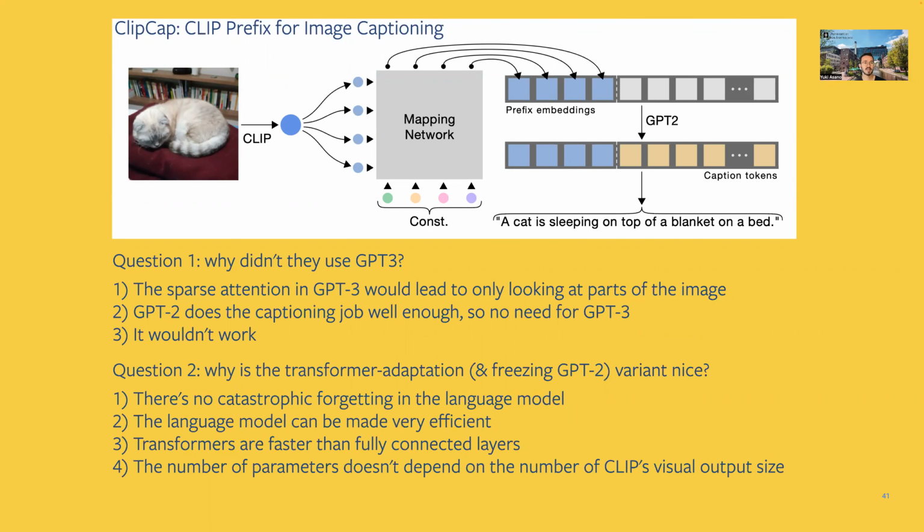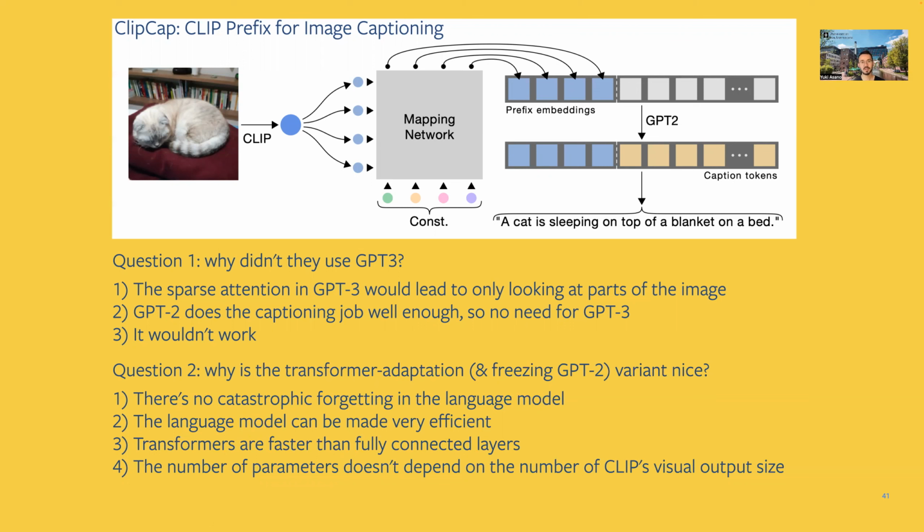Question number 2, why is the transformer adaptation and freezing of GPT-2 variant nice? 1, there's no catastrophic forgetting in the language model. 2, the language model can be made very efficient. 3, transformers are faster than fully connected layers. And 4, the number of parameters doesn't depend on the number of CLIP's visual output size. Again, you can pause here if you like. Of course, transformers are slower than fully connected layers.